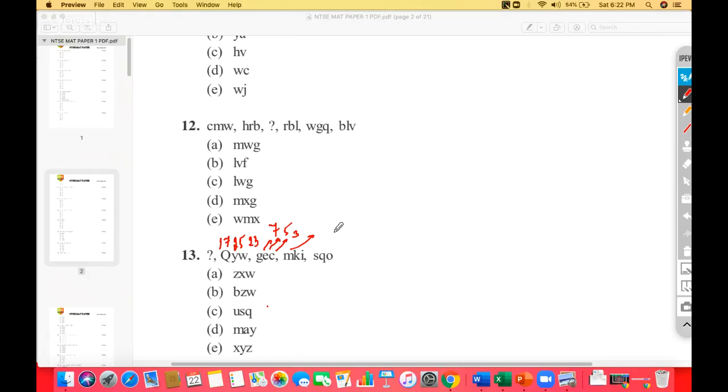M is 13, K is 11, and I is 9, and S is 19, Q is 17, and O is 15. So, what should be the answer?